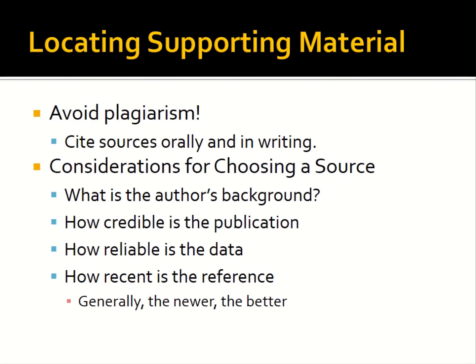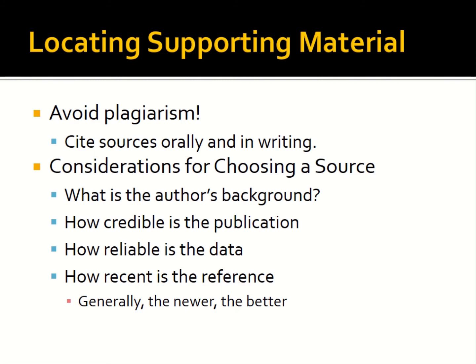The way we determine if something is reliable, reliability of the data, is to see if you can find that data repeated anywhere. If it is in more than one place and it is very similar information, chances are it is somewhat reliable. If you only find one source that says it, chances are something has been taken out of context or there was a problem with the experiment.